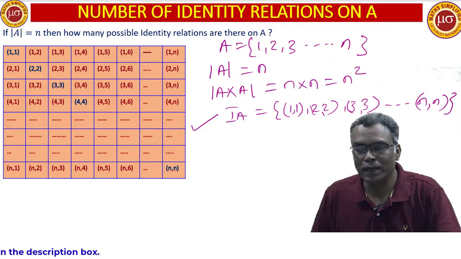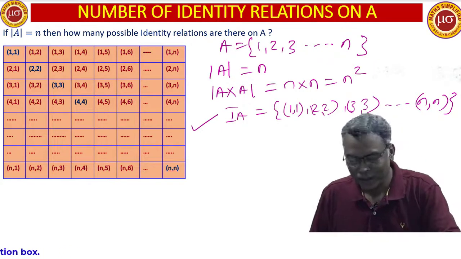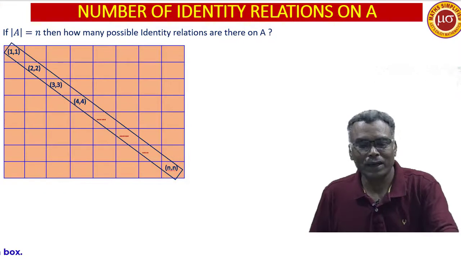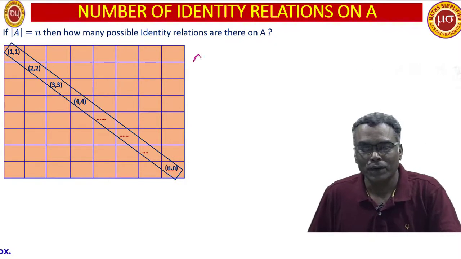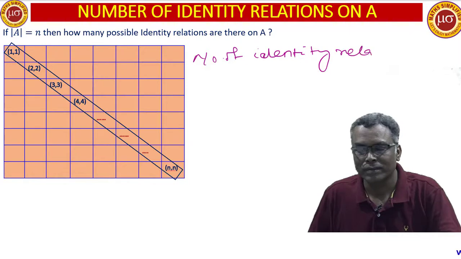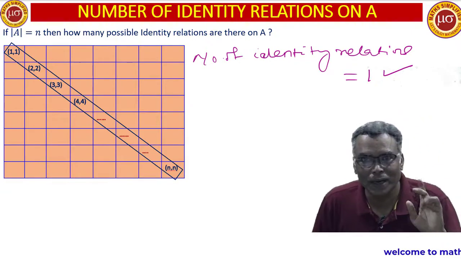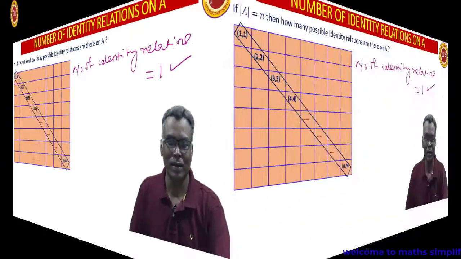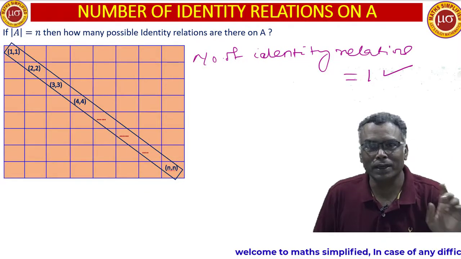No other element is included in the identity relation. So, only these diagonal elements exist in the identity relation. Therefore, the number of identity relations must be 1. So, on A, there is only one identity relation. Next, we shall discuss the number of reflexive relations.